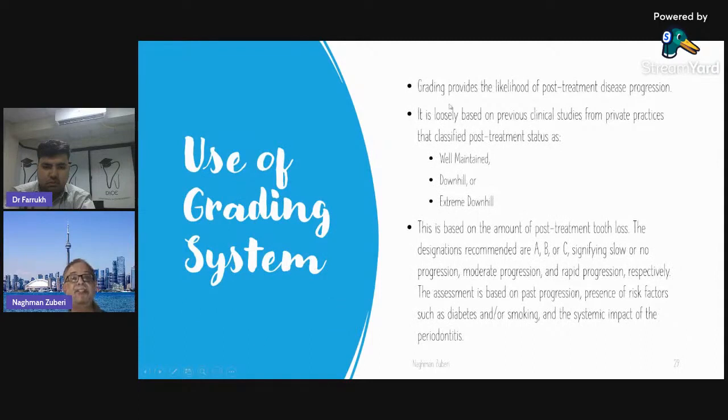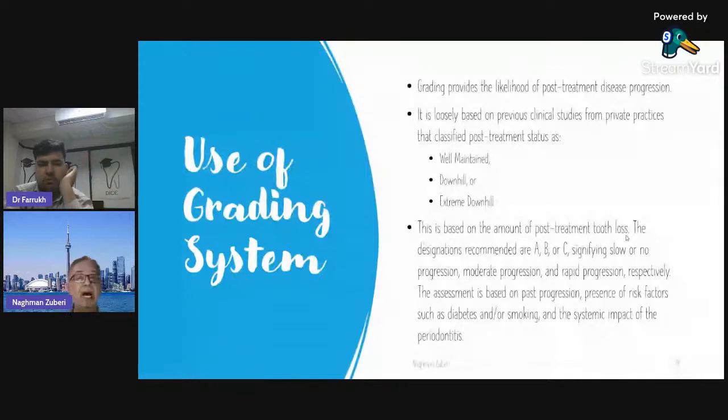Use of grading system. Grading provides the likelihood of post-treatment disease progression. It is loosely based on previous clinical studies from private practices that classified the post-treatment course as well-maintained, downhill, or extreme downhill. This is based on the amount of post-treatment loss.